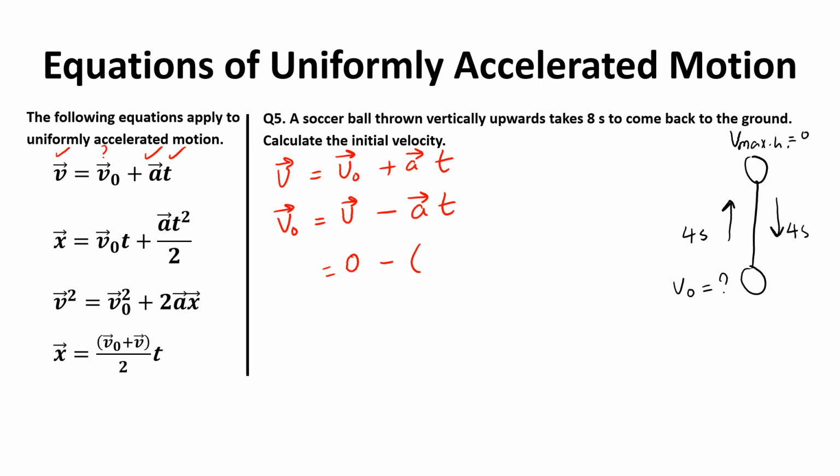So here we can just say A is negative 9.8, minus negative 9.8, and the time it took is 4 seconds to reach the maximum height. 9.8 times 4 is equal to 39.2 meters per second, and we know that the direction of the initial velocity is upwards, so we can just write here upwards.